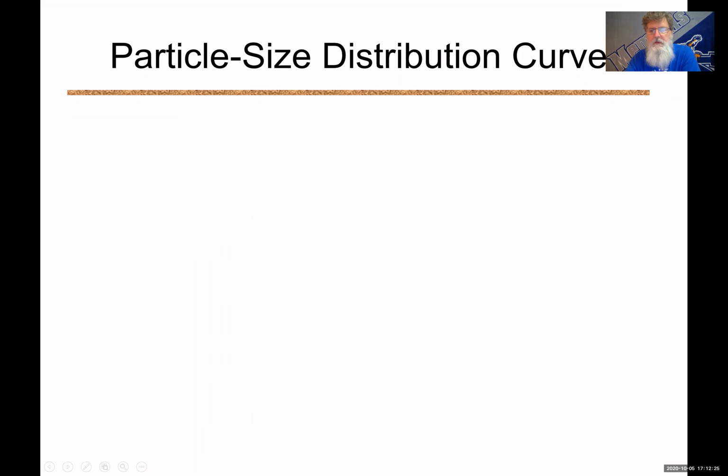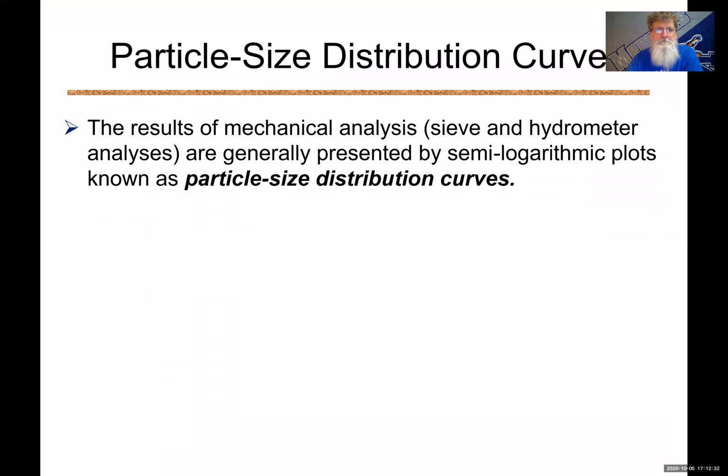So the most important thing next after we have our data is what's called a particle size distribution curve. From our mechanical analysis, we plot this data, and because the particle sizes cover such a large range, from things in the hundreds or thousands of millimeters down to millimeters themselves, we use a special scale on our plot called a log scale.